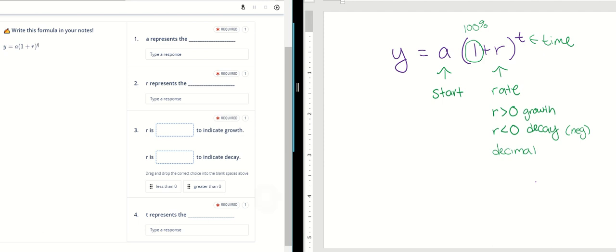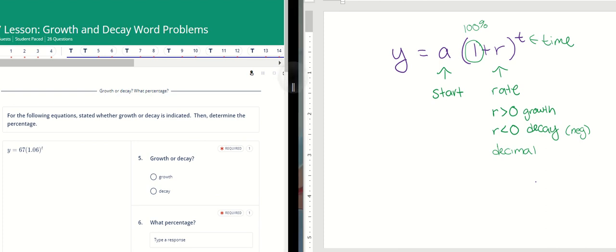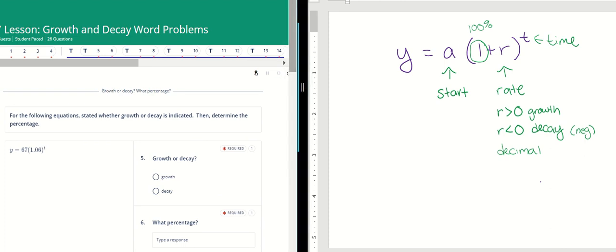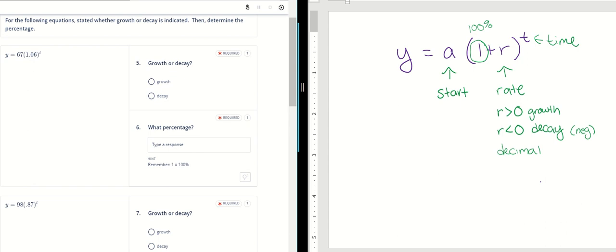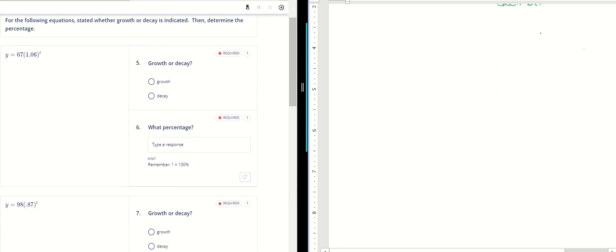So here is an example of this formula in action. We want to see if we are looking at growth or decay when we are looking at these equations. So starting with this example, y equals 67 times 1.06 to the t power.